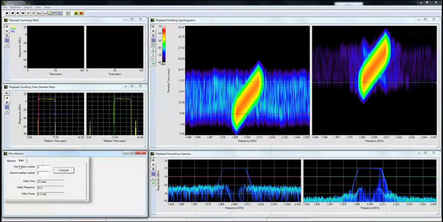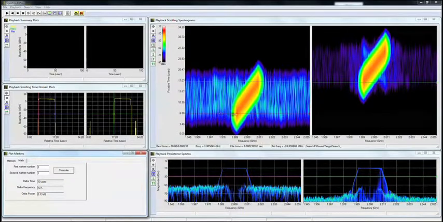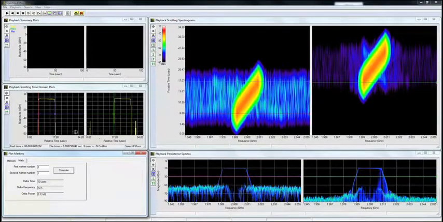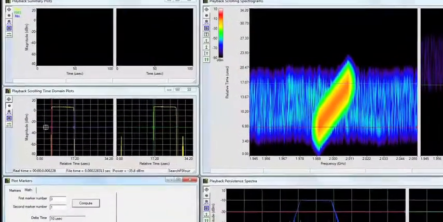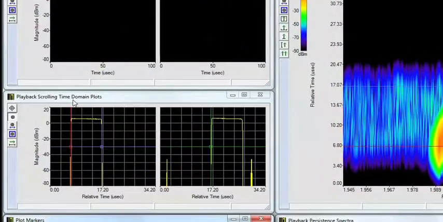One other interesting feature while we're on the issue of markers is you may have noticed that as I've placed markers in one window, the markers show up in the other plots as well at the corresponding place based on the individual parameter that is being displayed in both windows. In this case, I've placed markers in a time domain plot that are two-dimensional markers indicating time and magnitude.